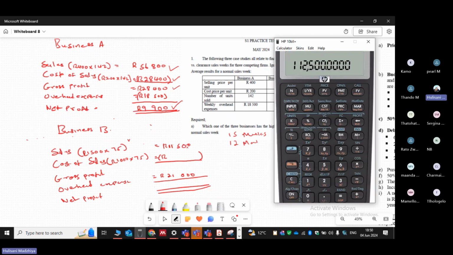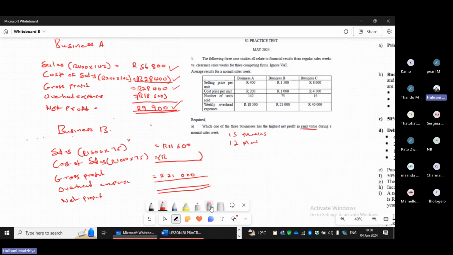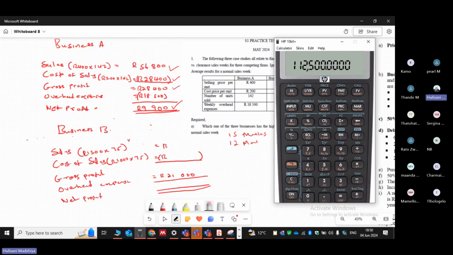So we've got 1,500 multiplied by 75 units. So the figure is actually incorrect, the one that I just wrote now. So I've got 1,500 multiplied by 75 units.